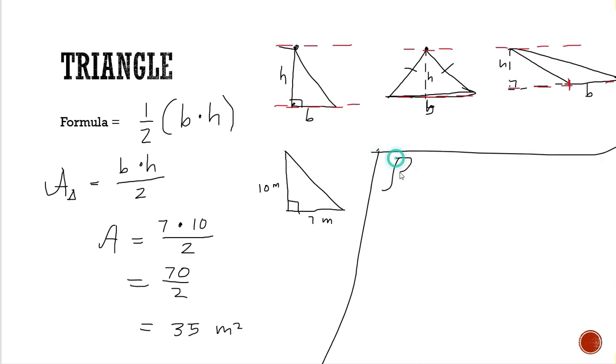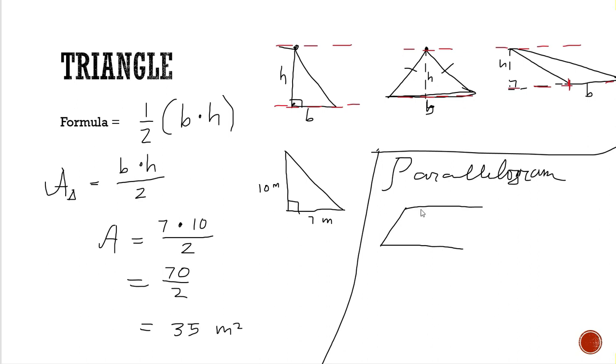Okay, let's continue. Actually, I forgot to write the parallelogram slide, so I will just write it here. So what if we have a parallelogram? Remember the definition of a parallelogram: two sides are parallel. One example is our rectangle. A rectangle is a special type of parallelogram.